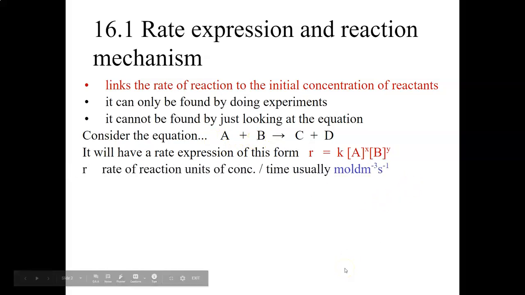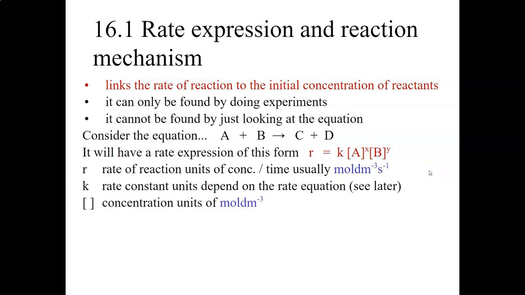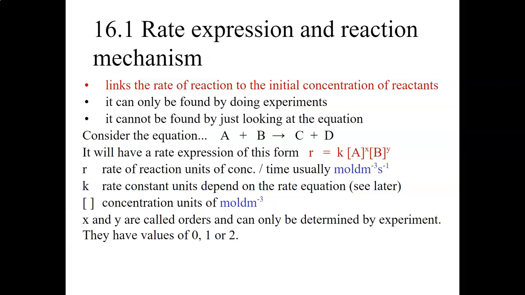So the rate is a measure of concentration against time, as we saw at standard level. Very often the units will be moles per decimeter cubed per second. K is the rate constant, more later, and we are familiar already with the square brackets being used to denote concentration in moles per decimeter cubed.